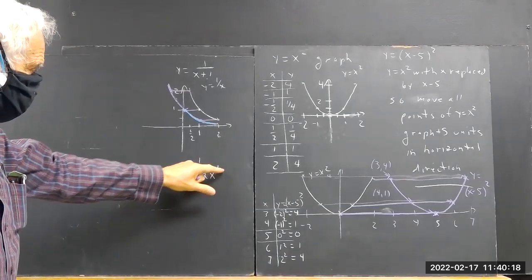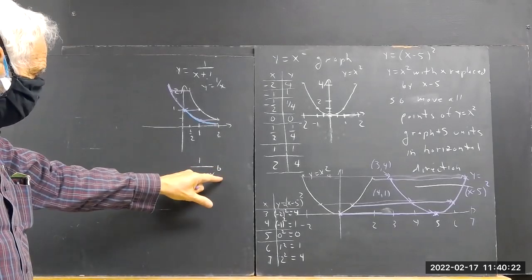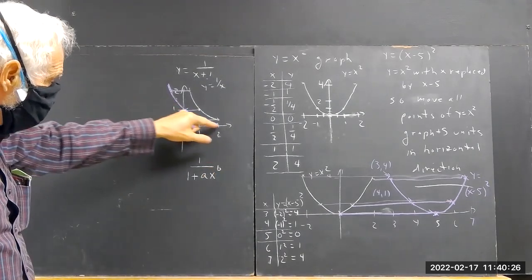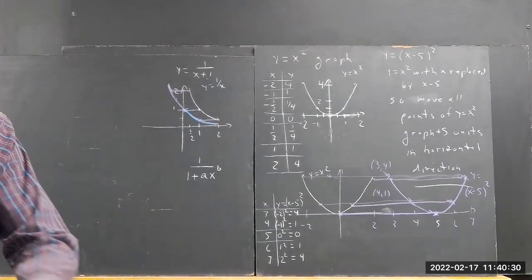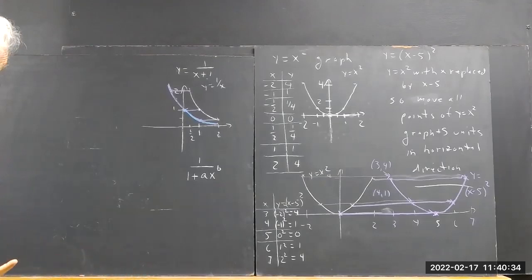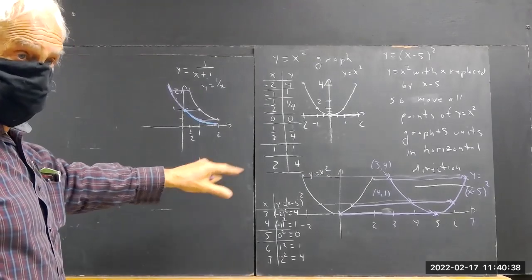Well, this is an exponential function. With this function, where b is a small number and a is generally a small number, this distorts the shape of this graph a little bit in a way that's not hard to understand based on what you're learning in this course. So you could understand how this reshapes the graph.